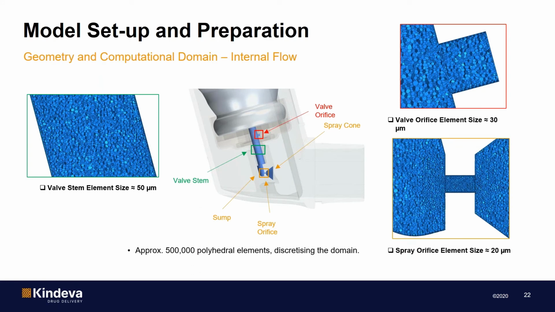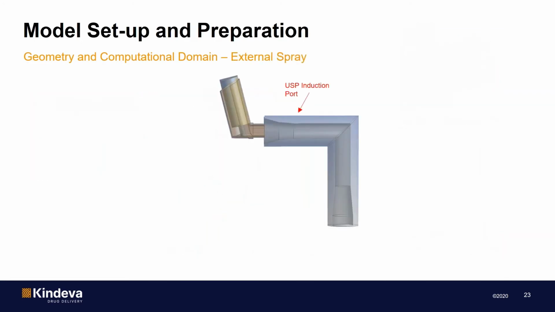Now the walls are taken to be smooth, which is probably a good approximation, mainly because pMDI components are highly finished, and there is limited heat transfer between the walls of the pMDI and the surroundings due to the very fast velocity scale of this flow.